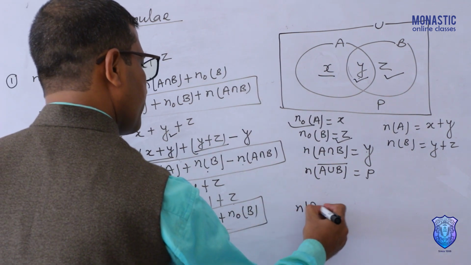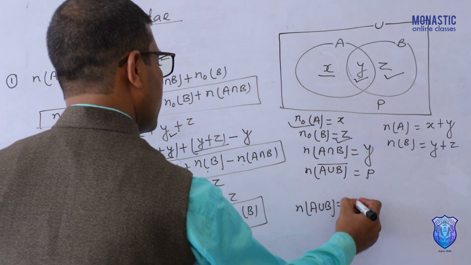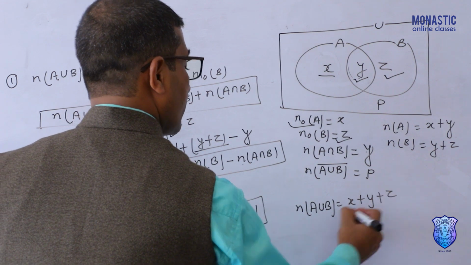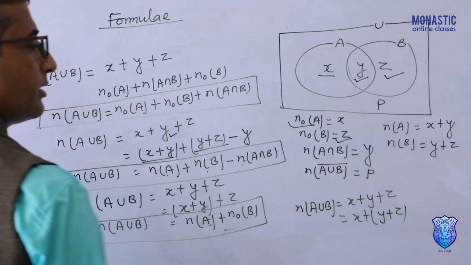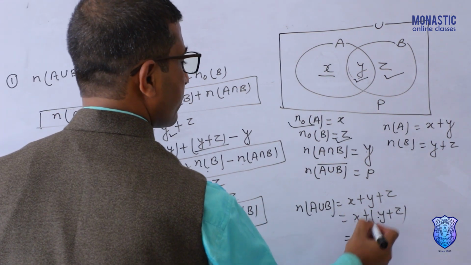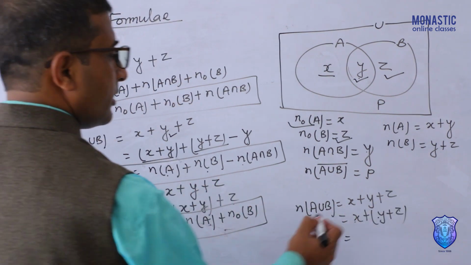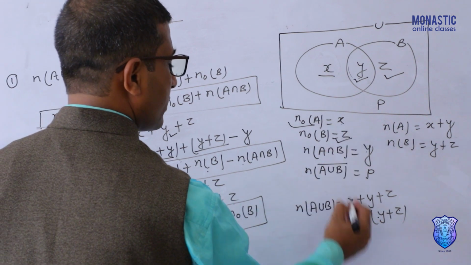We can write number of A union B in this way also. What is this? y plus z and x. We have grouped y plus z. So what does x represent for us?